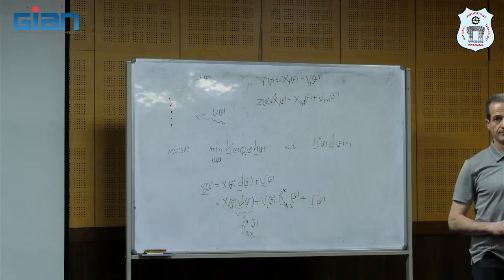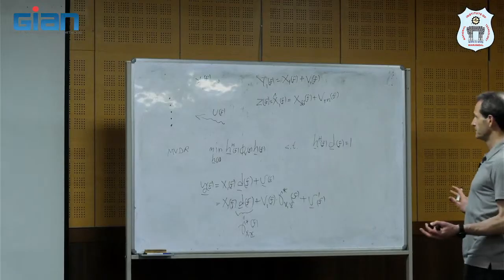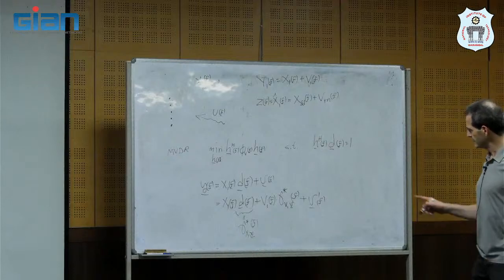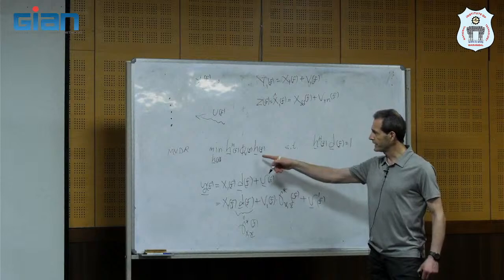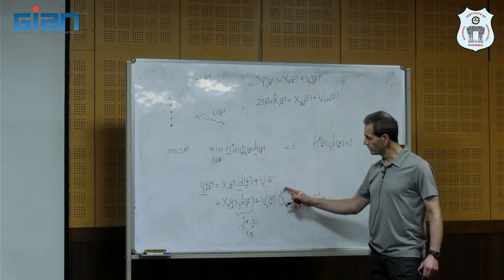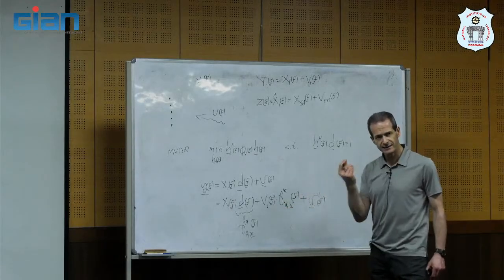Questions so far? Okay. So what I can do now, I can define a new problem. Suppose that I know this vector. For the MVDR, I didn't use this vector. Suppose that I know additional information. I know how to estimate this vector.